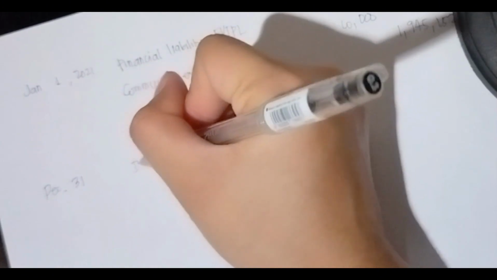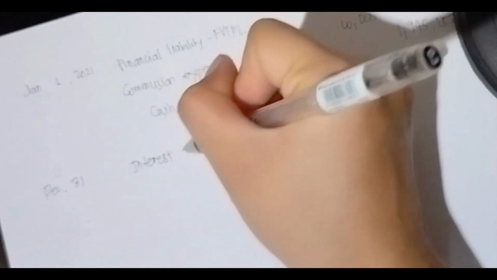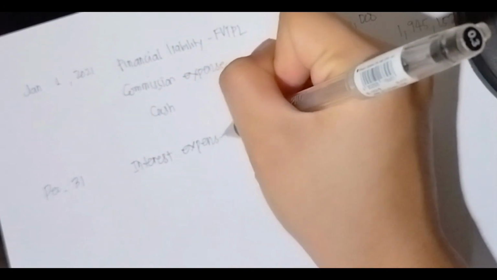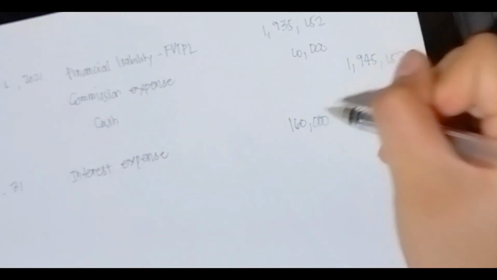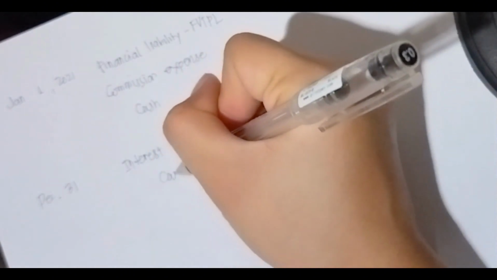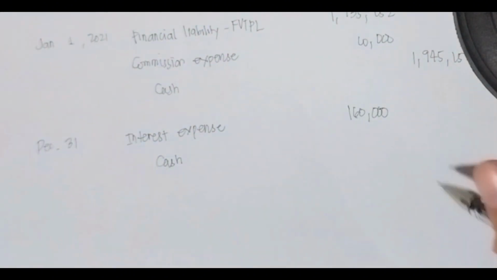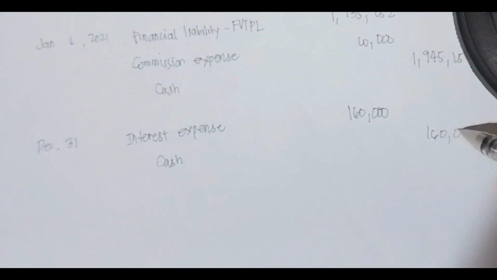Our second journal entry is on December 31, which is the interest expense. We debit interest expense amounting to 160,000, and we credit cash 160,000. And last, we need to record the unrealized loss.